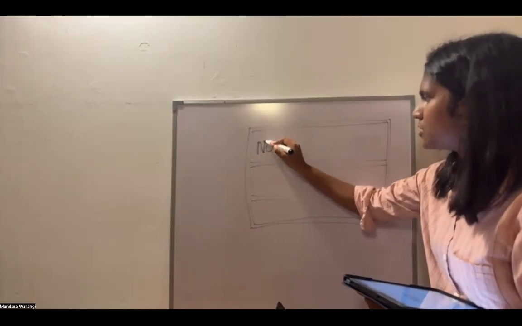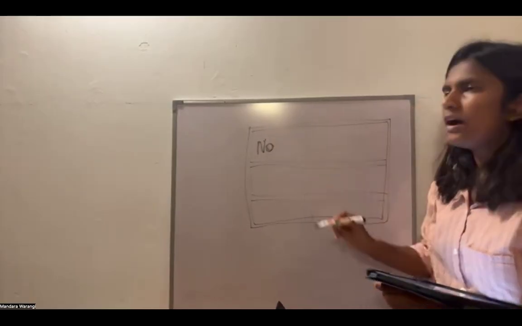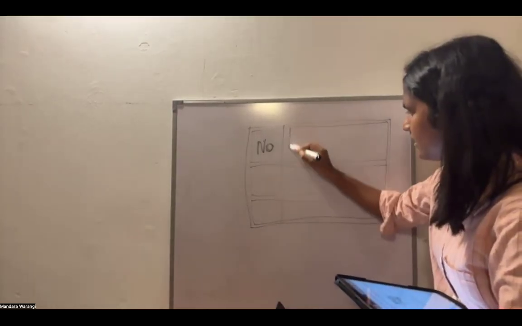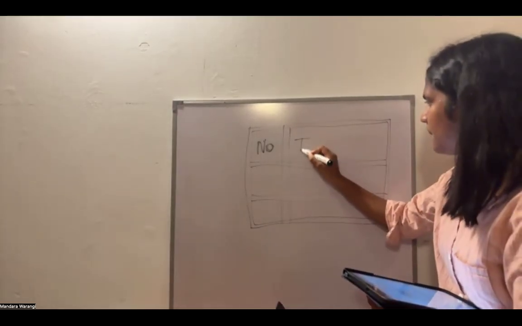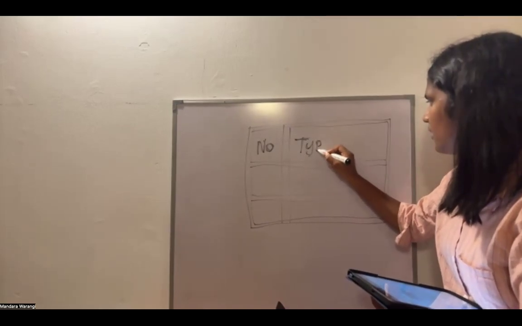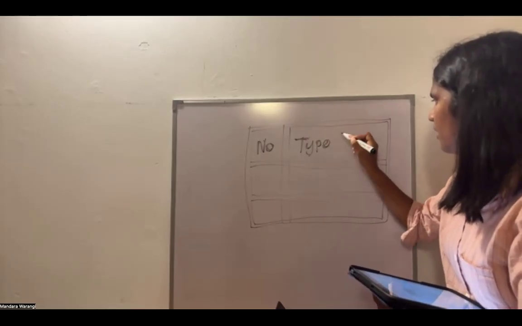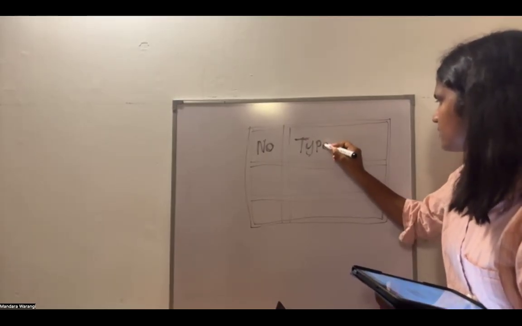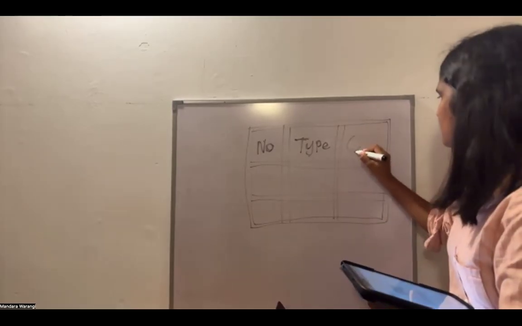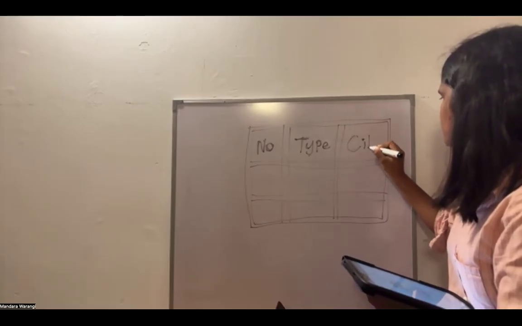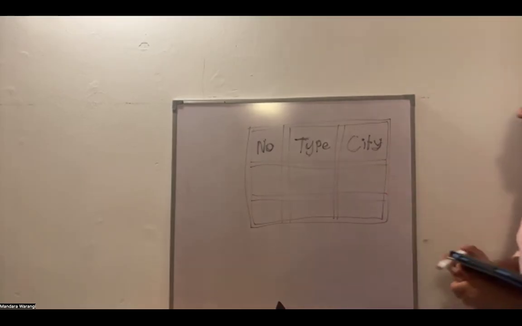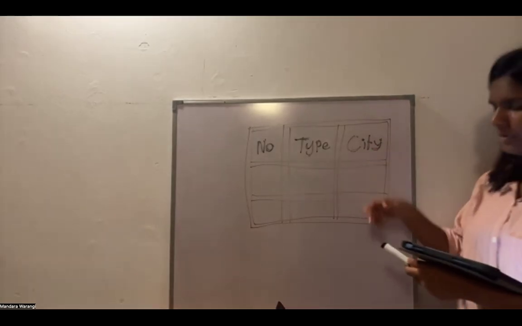This is a heading, which means it should be bold. And then the second is type, and then it's city. These should be bold, that's why I do it double.